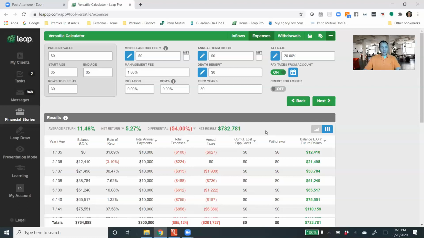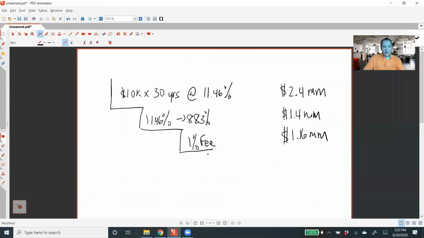Pretty significant. So if we go down this ladder, with 20% taxes, now we're talking about $733,000 from the starting point of 2.4 million. And unfortunately, we're not done yet.